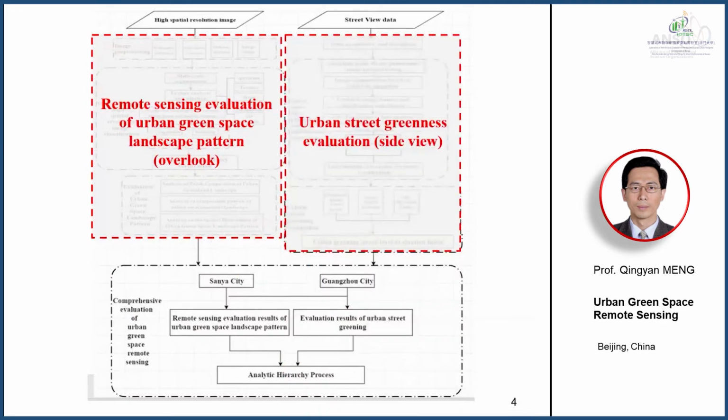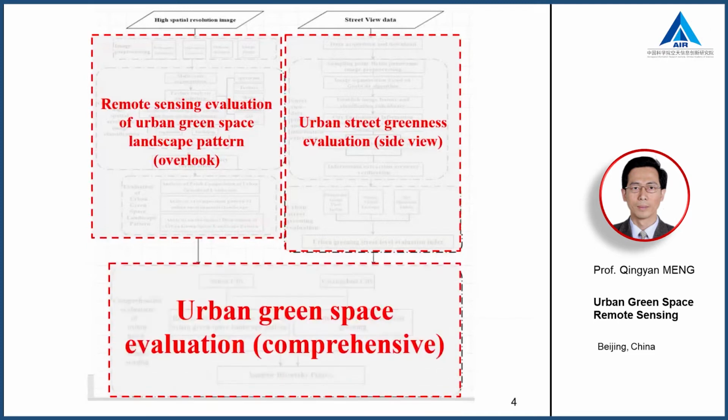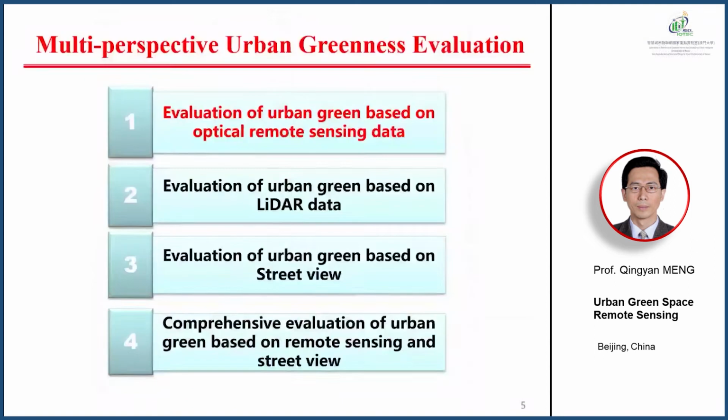And then from the side view we use the street view data for urban street greenness evaluation. And then the comprehensive urban green space evaluation combines the satellite data and the street view data. That is, from the overlook and side view, and combine them.